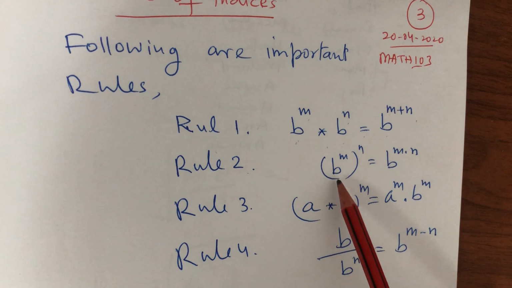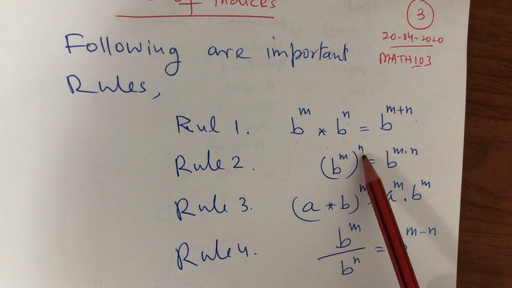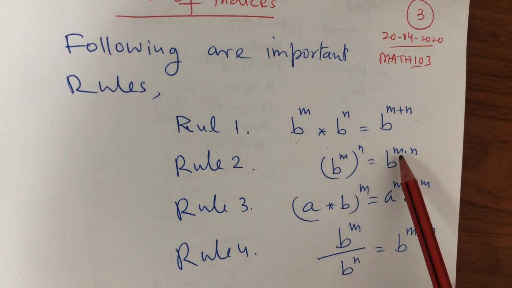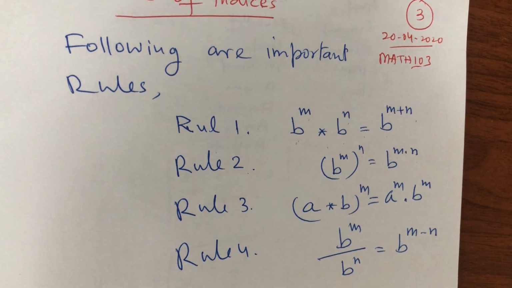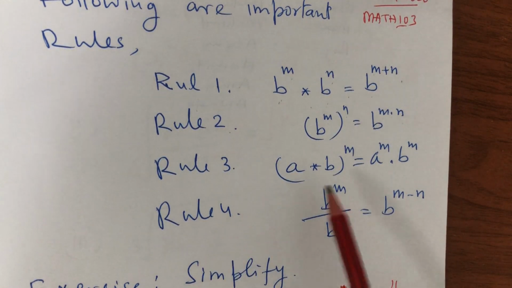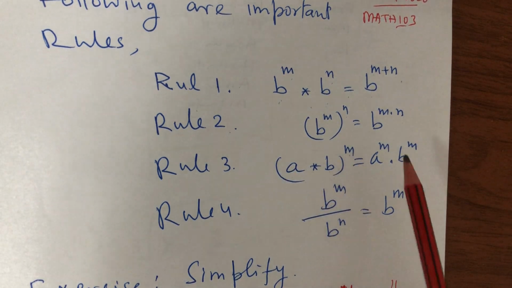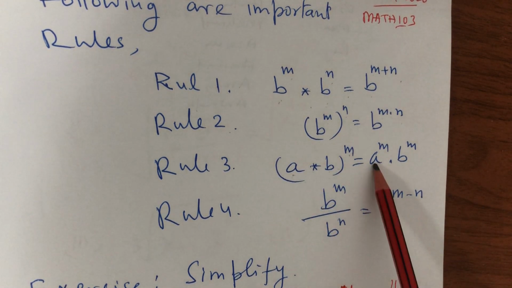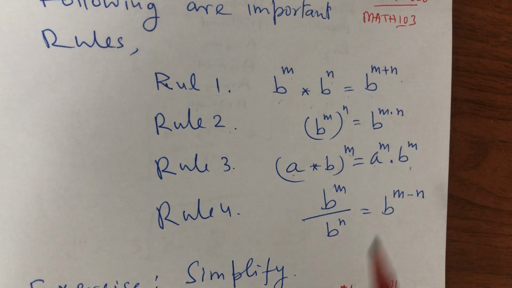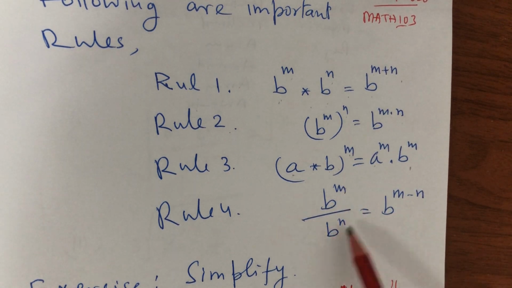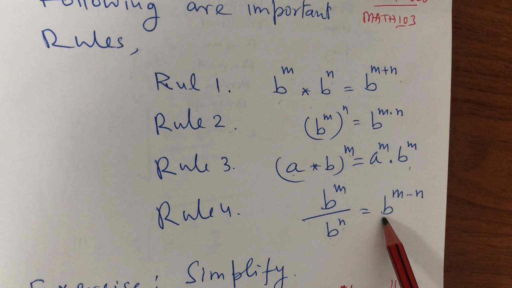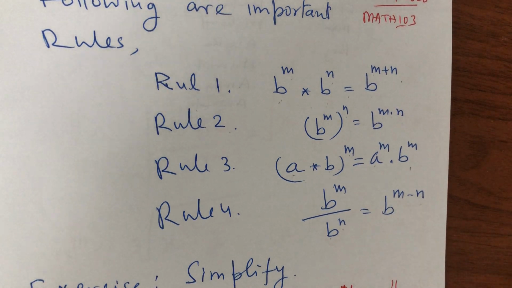Rule 2, if we have b power m whole power n, it is b power m multiply n. Rule 3, if we have a multiply b inside and whole power m, this power m will go with a and also with b. Rule 4, if we have b power m over b power n, it is b power m minus n.